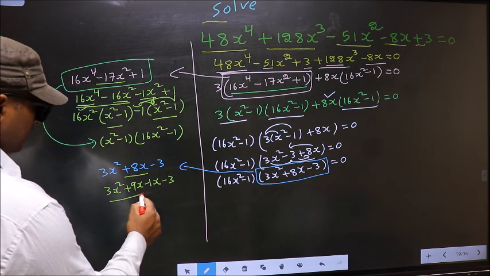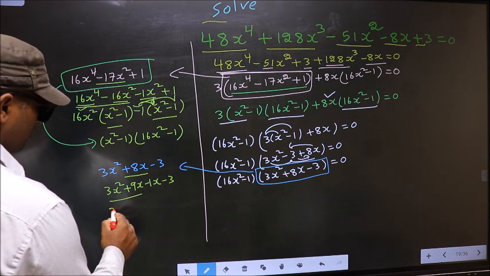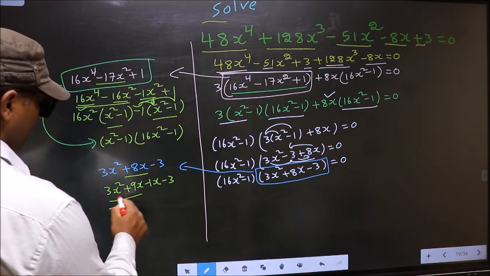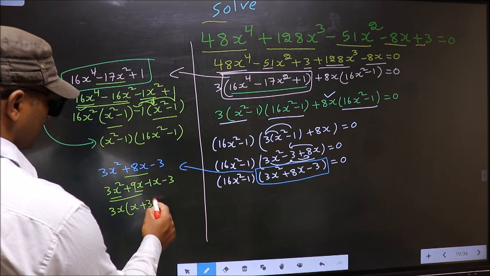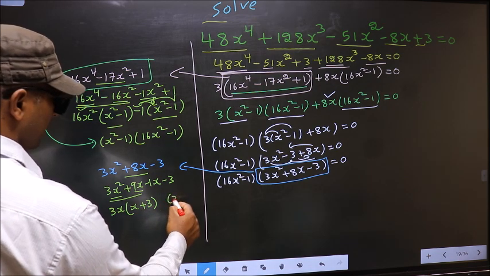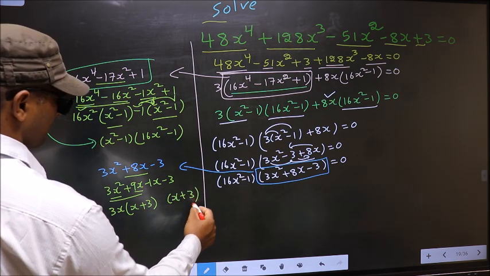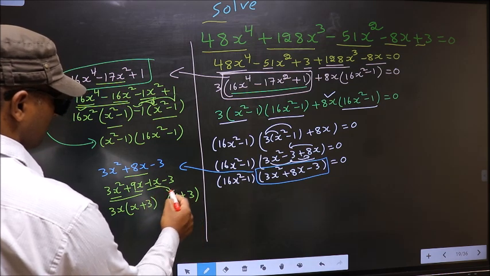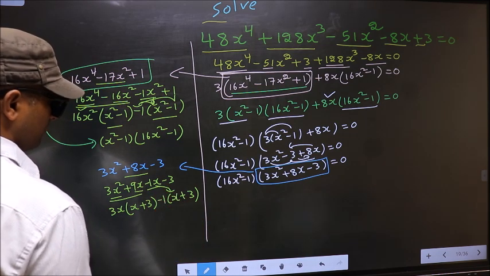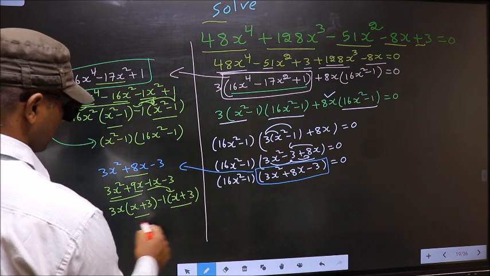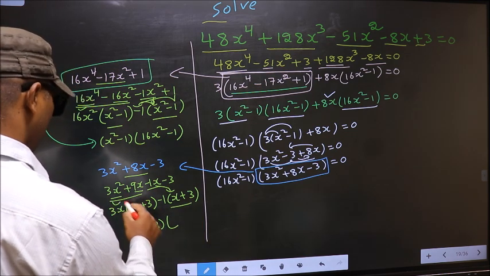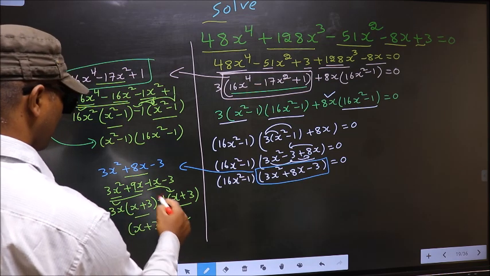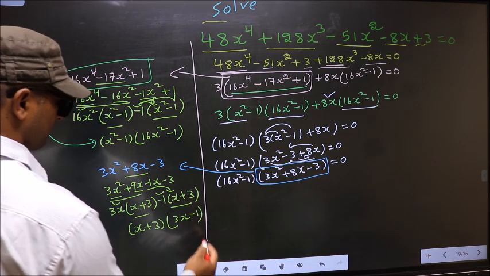Next, from these two terms, what can be taken out common? 3x. So here you get x plus, from this 3x out, you get 3. Now whatever you got here, here also you get the same thing. From this, x gone inside, outside you get minus 1. Now you take out x plus 3 common. So here you have 3x and here minus 1.